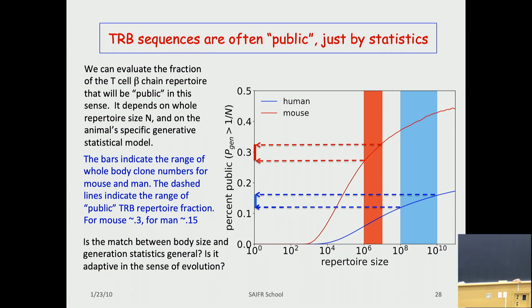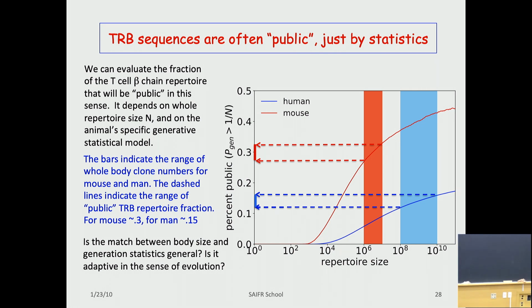So, what we said is if your repertoire size is n, a sequence with generation probability greater than 1 over n has a high probability of being shared with other individuals, and therefore is public in the sense of immunology.